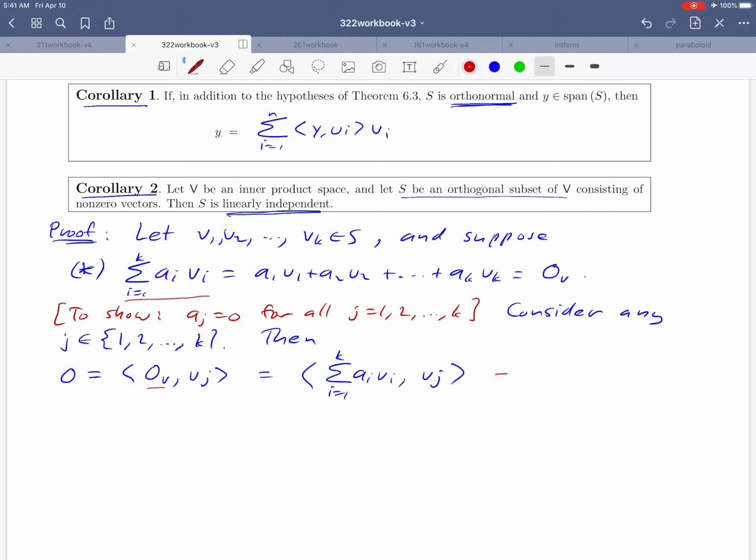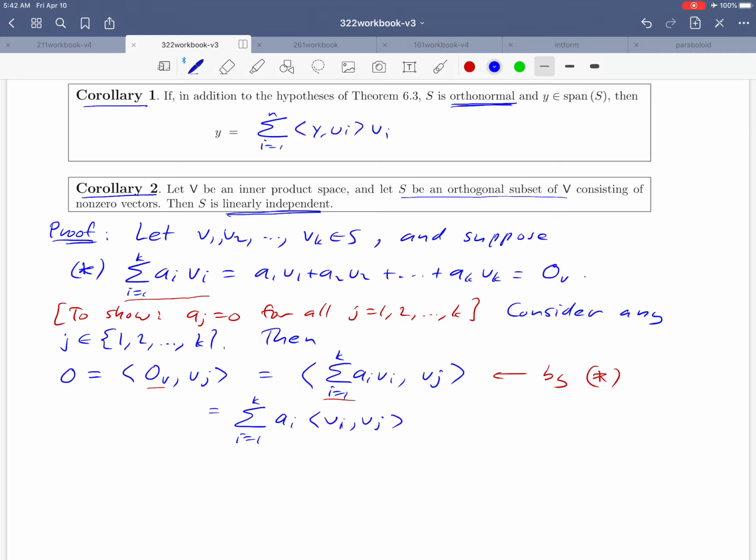I'm just going to make a comment here that came from equation star above. Okay, and then we're going to use the linearity property of the inner product to take that summation and move it to the outside here. So we can rewrite that as the sum from 1 to k of ai times the inner product of vi with vj.